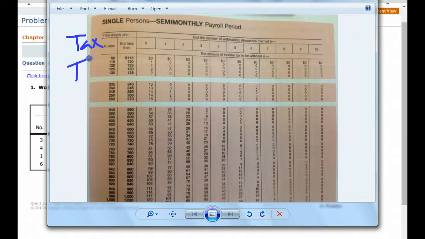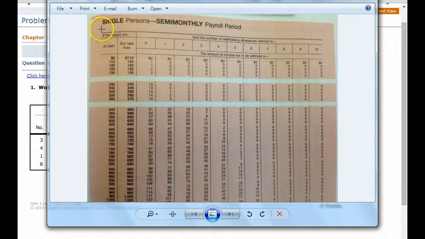A tax table is something that you use to figure out how much this person actually has taken out. The tax tables that you see right here on both pictures are on pages 347 and 348 of your book. You will need this in order to complete the activities that we're going to be doing right now.